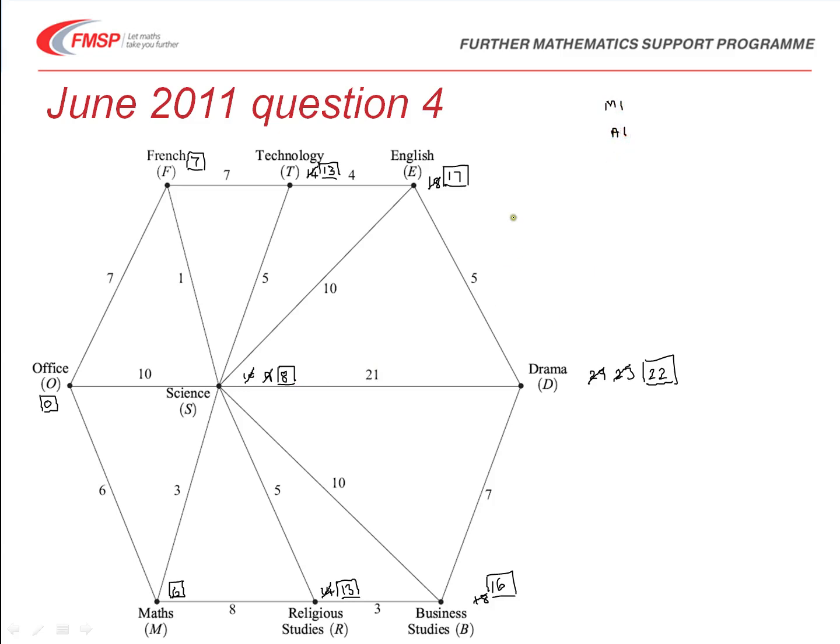If we've got 2 values at E and 2 values at B, that will give us a further method mark. And if we've got 3 values at D, that will also give us a method mark. If all of the values are correct in our table, we would get an answer mark. And then for finally having 22 at D, we would get 1 more mark.